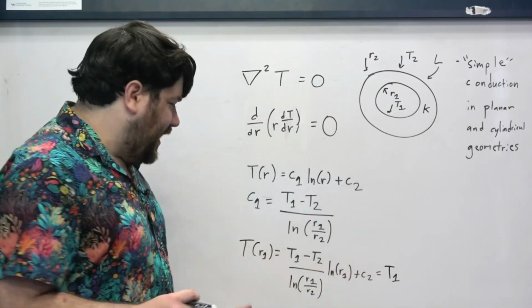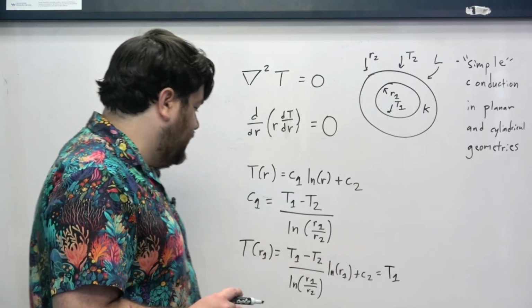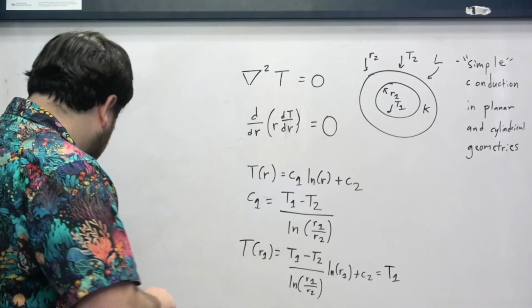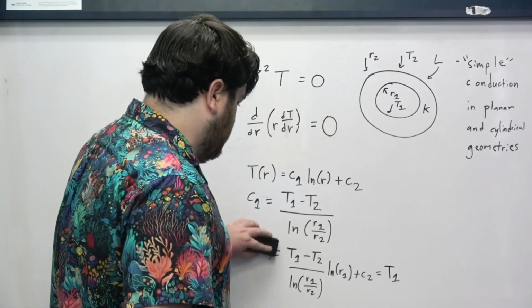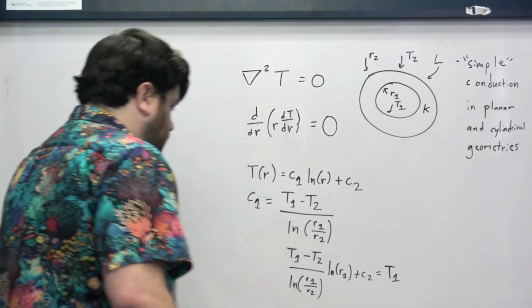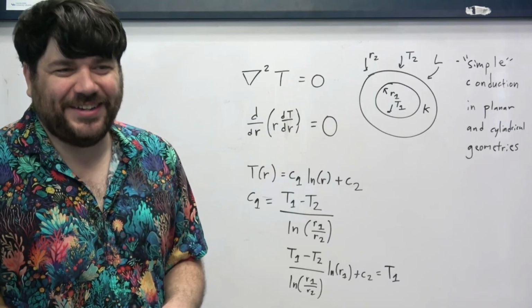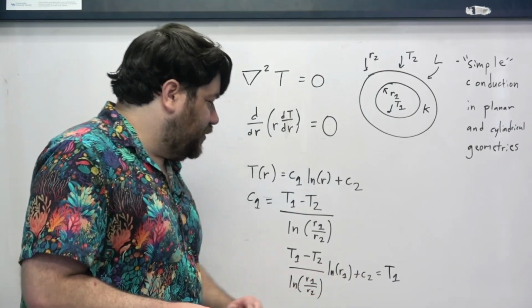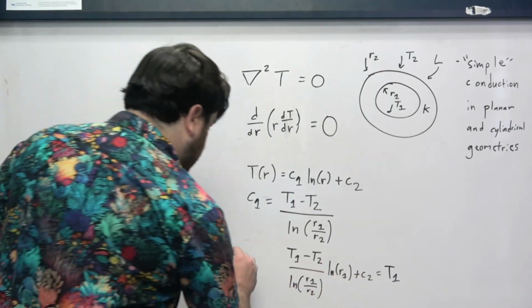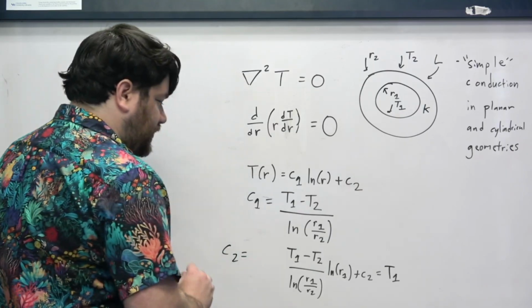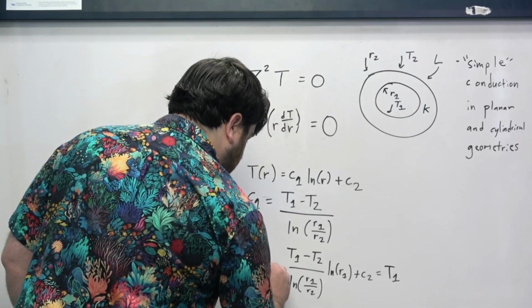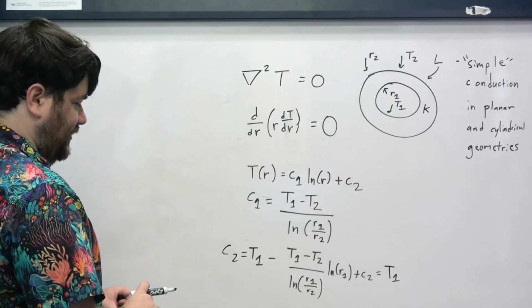And so you can see how we can take this equation and then solve, not for T1, pardon me, but for C2. So we can solve for C2 by just saying, well, C2 is now equal to T1 minus this mess, right?